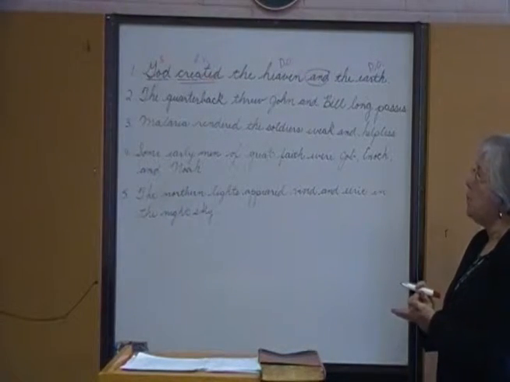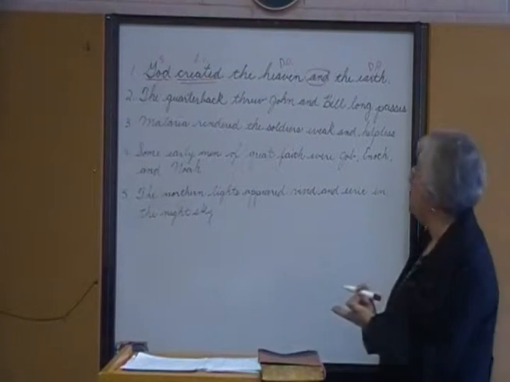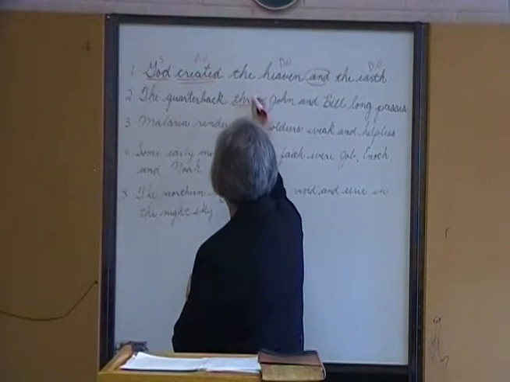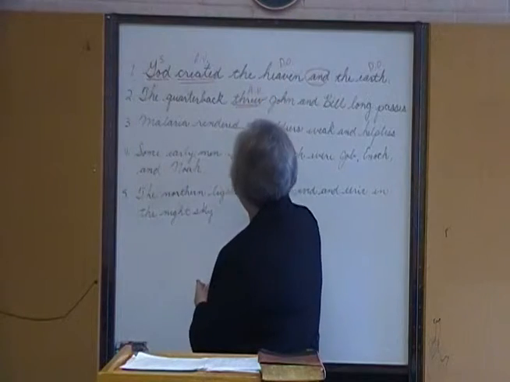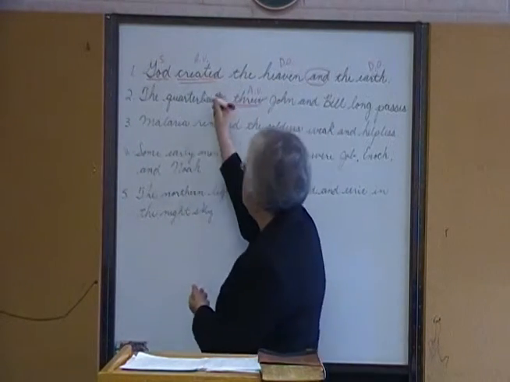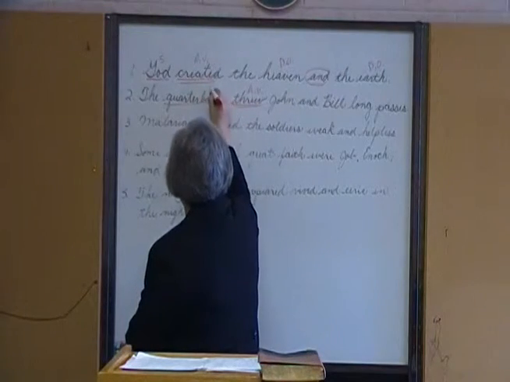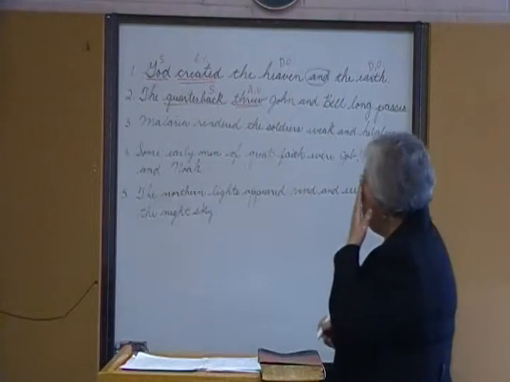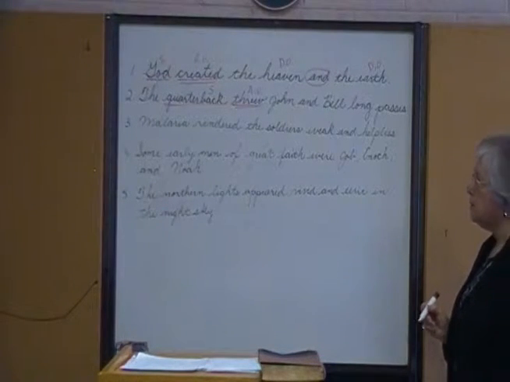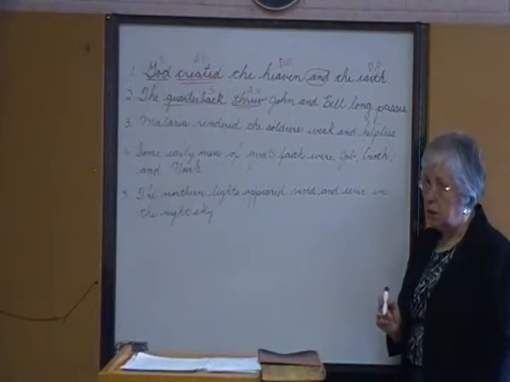Number 2, the quarterback threw John and Bill long passes. The verb, action verb, threw. All right, who threw? Who's doing the action? Quarterback. Subject. Quarterback threw whom or what? Well, he didn't throw John and Bill.